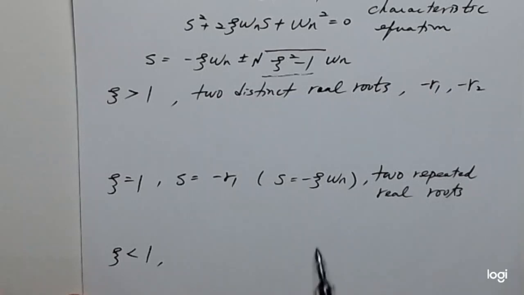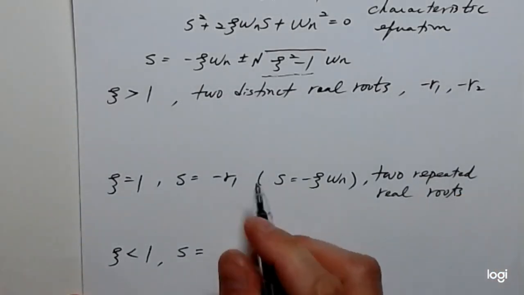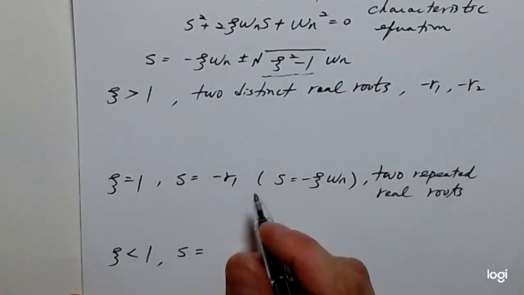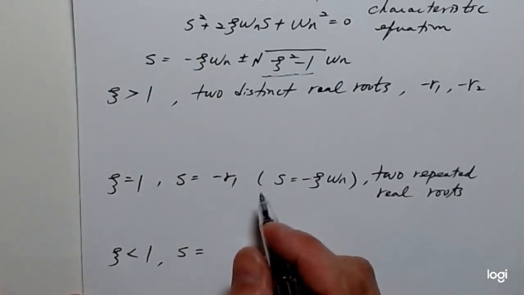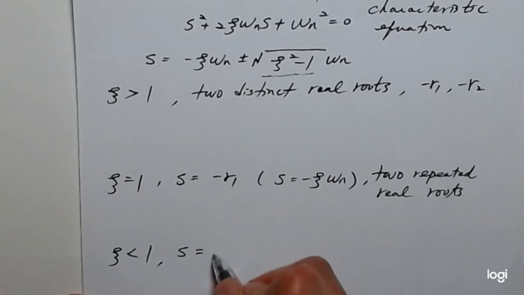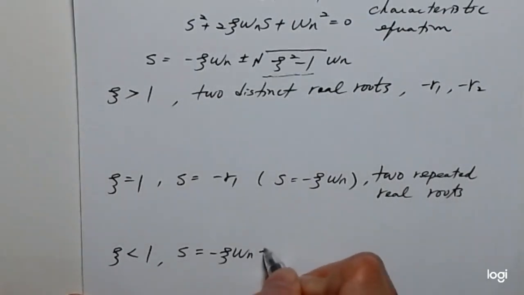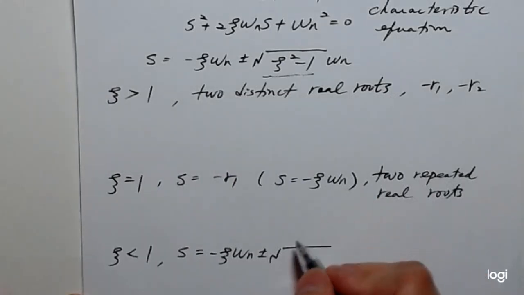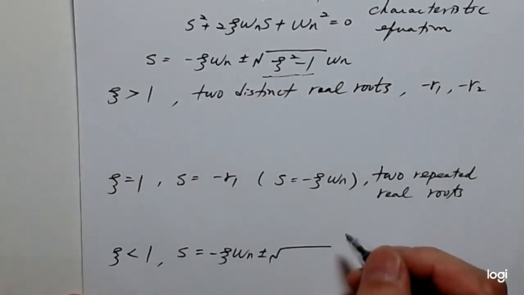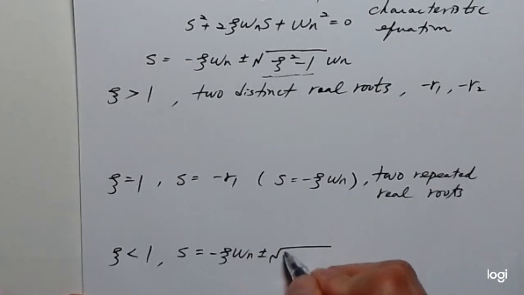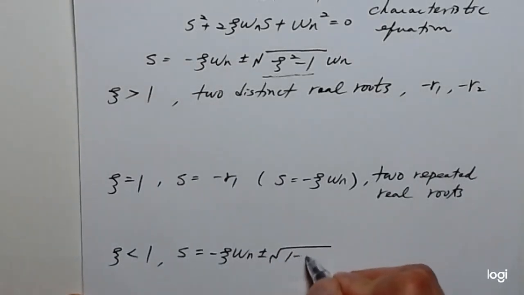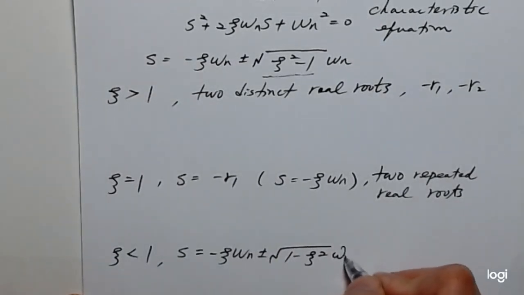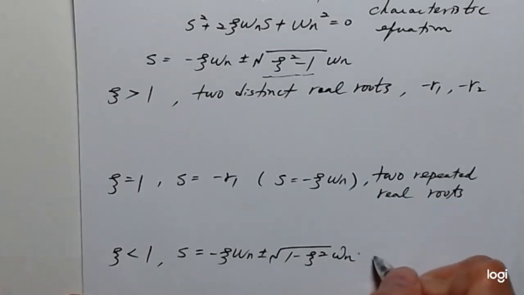So it's complex numbers, plus or minus omega d times i.